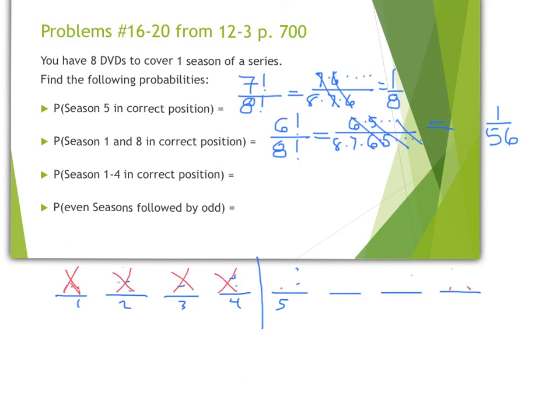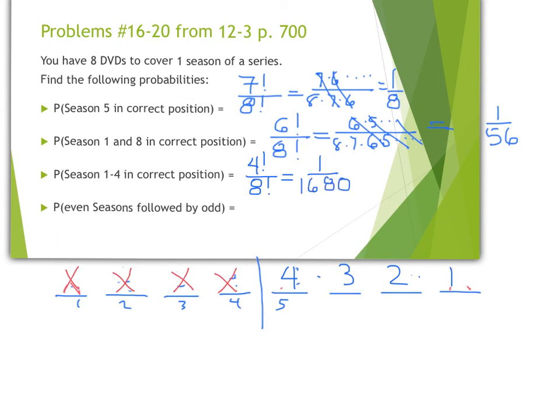They're in the right place. So what I'm left with is the other 4 videos, 4 times 3 times 2 times 1. How many ways can I permute them? So that's going to be 4 factorial over 8 factorial, which gives me 1 over 1680.